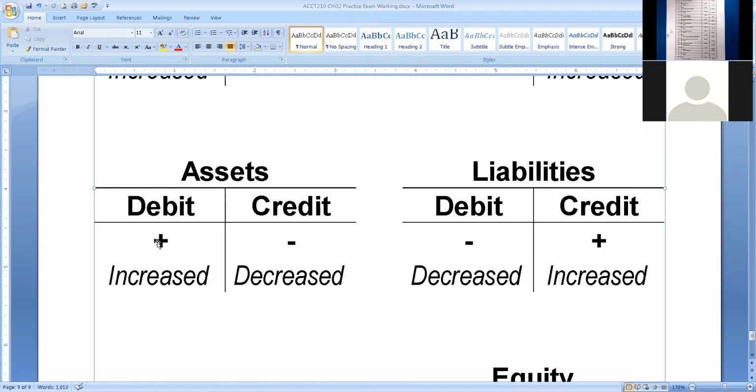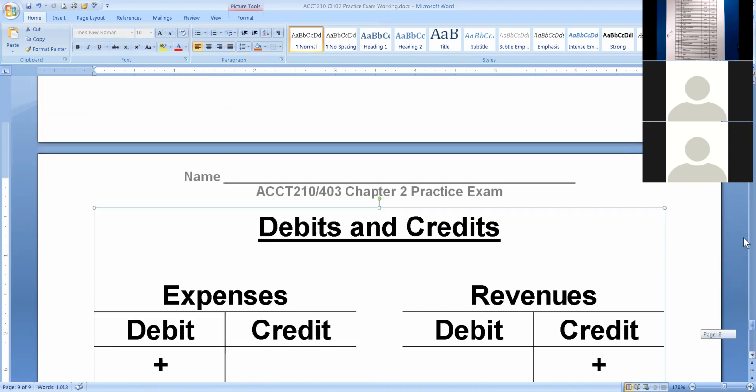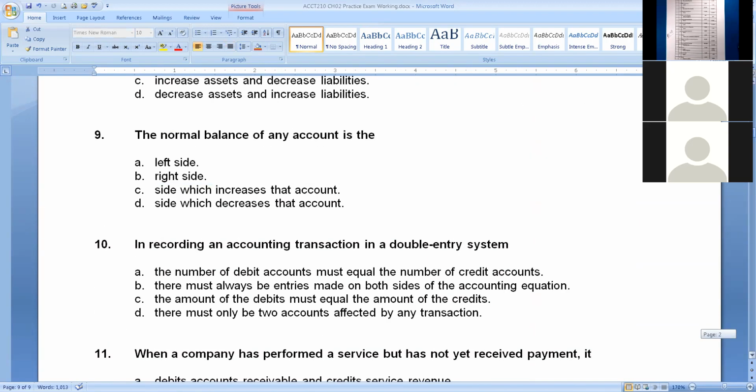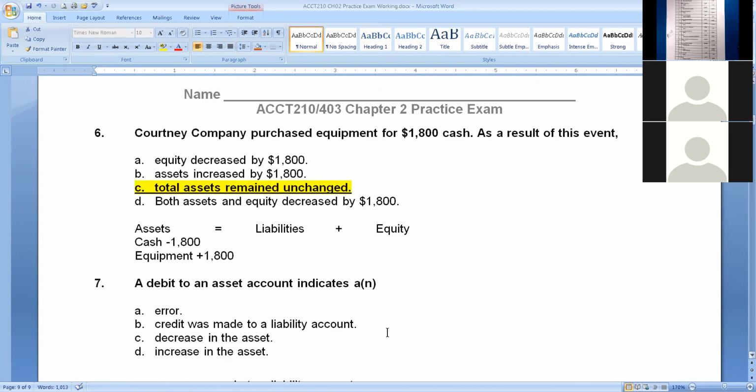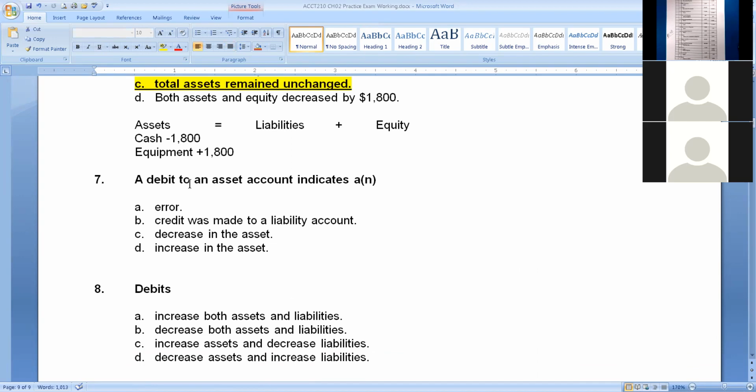Oh, I thought I had it in as a. I can't do anything to it. All right. So let's go back up to our problem. All right. So debit to an asset, and again, if you just look at that table, debit asset. What does it mean? It means an asset increase.